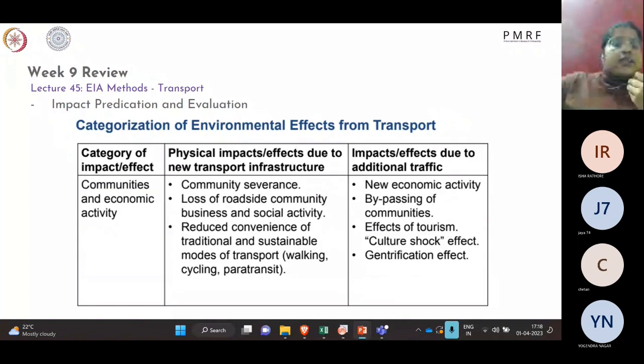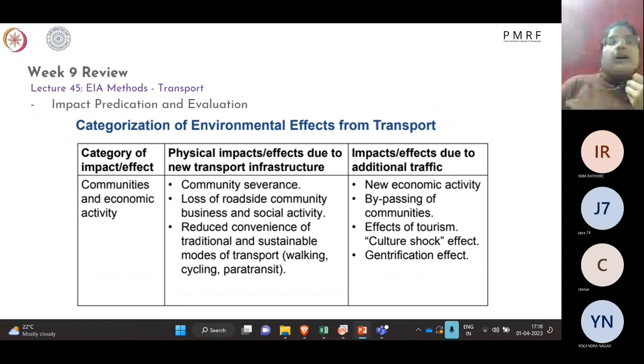And then you also have to look up the communities and economic activities. That is what sort of people are going to use these new transport services, whether there's a loss of roadside community, business, and social activity. India especially has a lot of roadside shops and vendors who make their income or livelihood through these roadside infrastructure or through their roadside stalls.